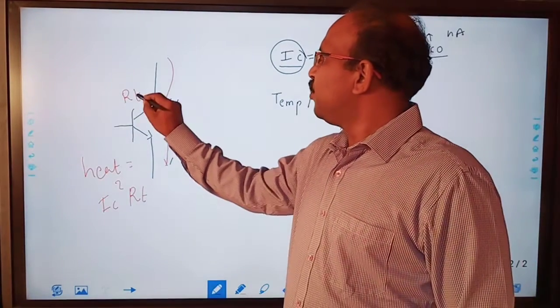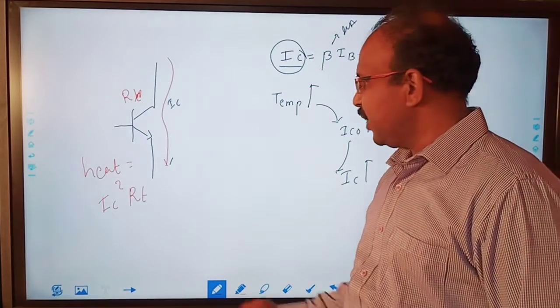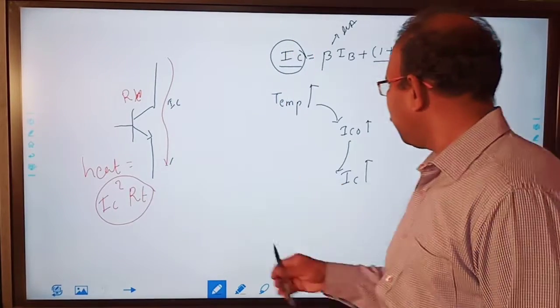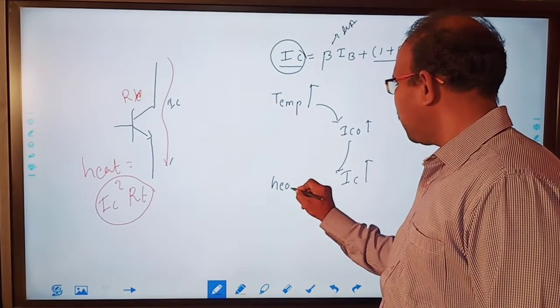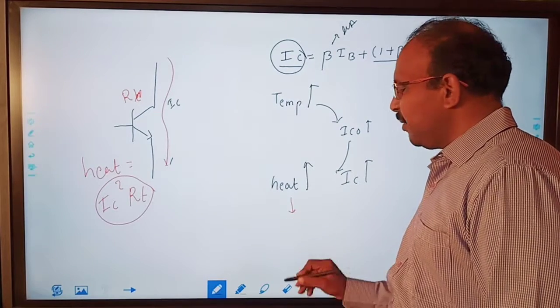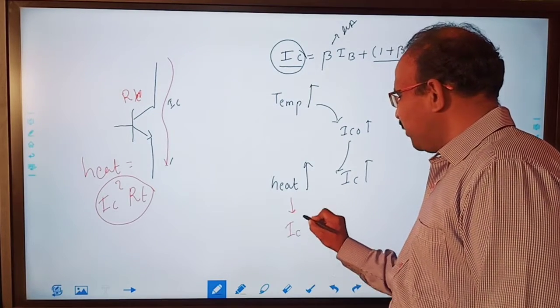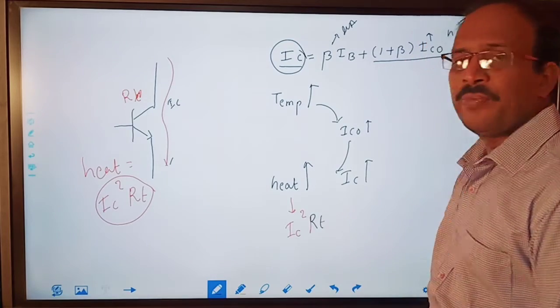So it is IC square into R into T. This is the heat generated. So if this increases, then heat will increase, because heat is directly proportional to IC square into R of transistor into time. Correct.